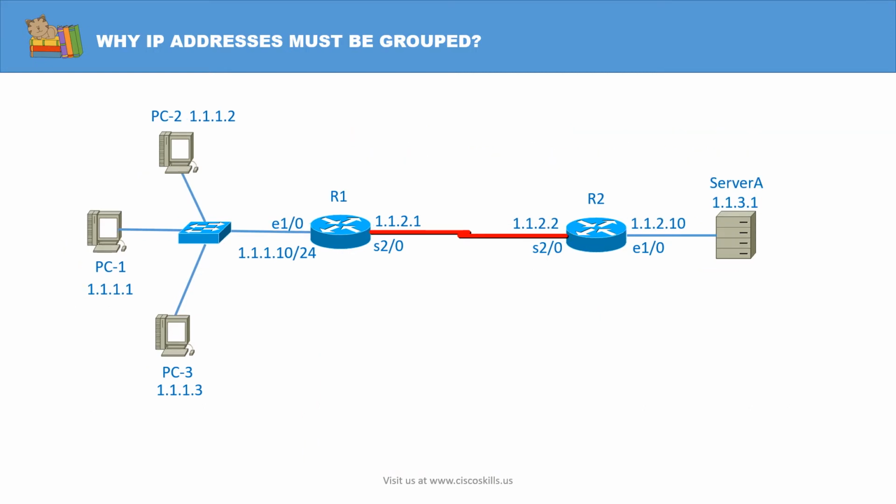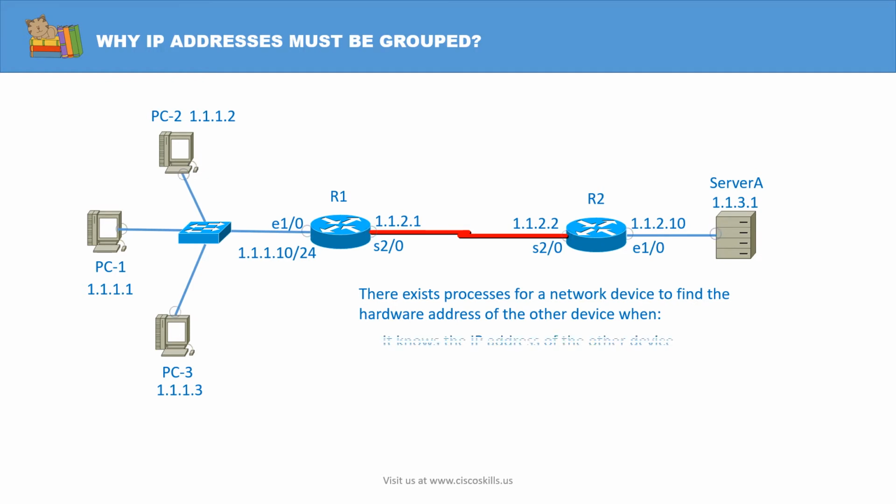In addition to that, there exist processes for a network device to find the hardware address of the other device when it knows the IP address of the other device. It shares the same type of physical network with the other device.